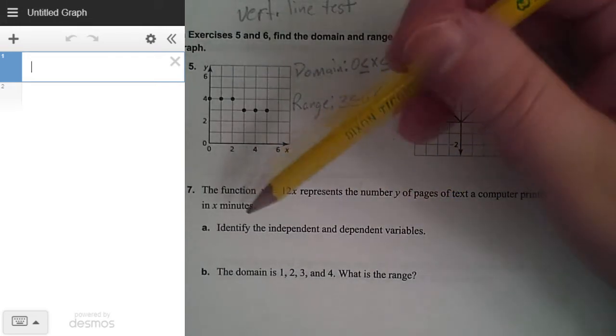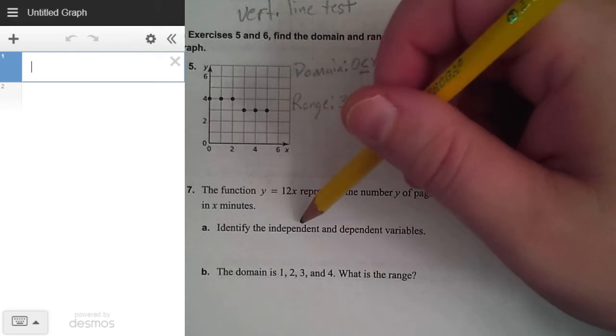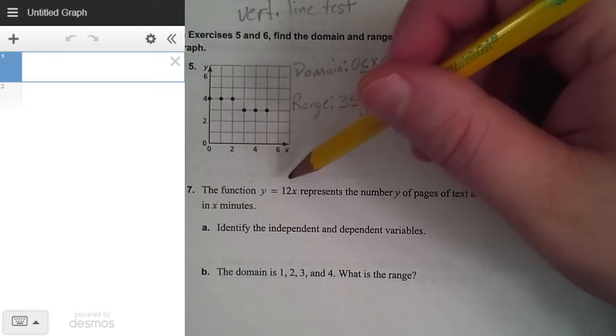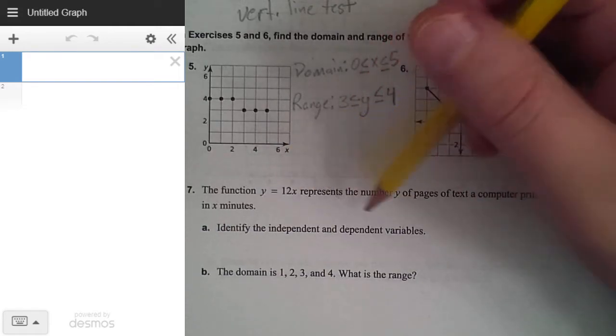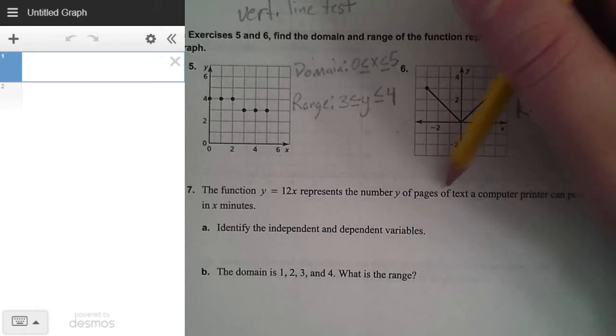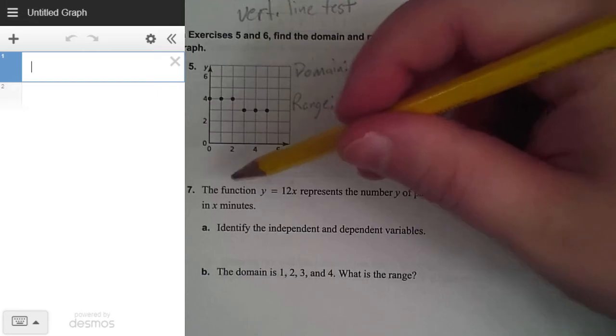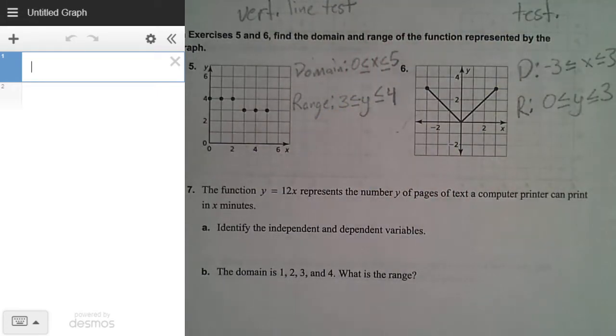Okay, so we want to identify the independent variable and the dependent variable. So given a certain number of minutes, it will print so many pages.